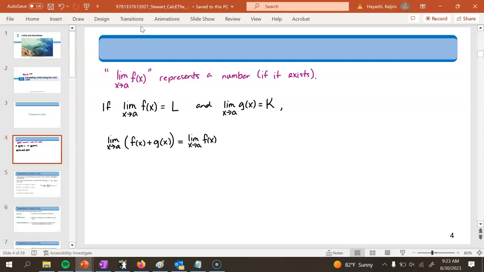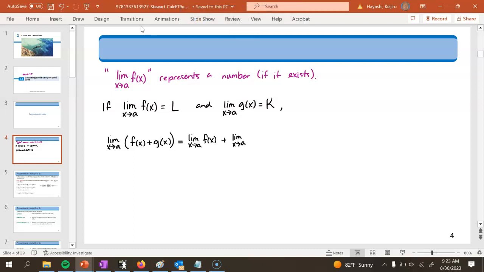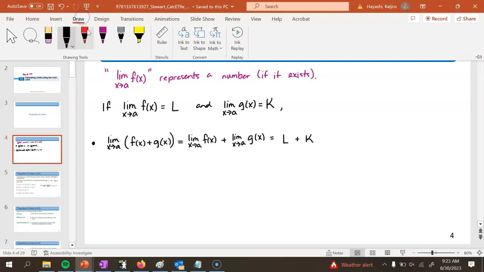You don't have to write this middle step, I guess. But essentially just saying that you can break the terms of a limit up into separate limit statements if you want. And it's going to equal whatever the limit of the first thing is plus whatever the limit of the other thing is. Okay, and this is called the sum property.